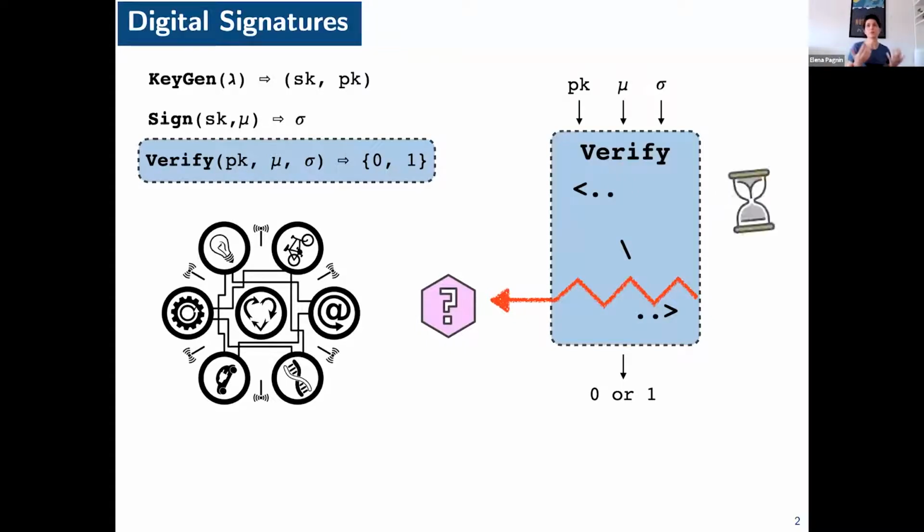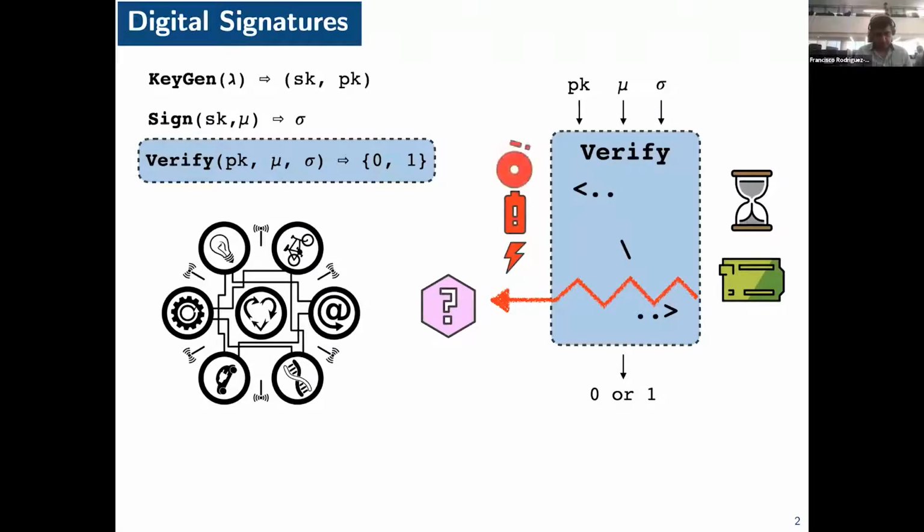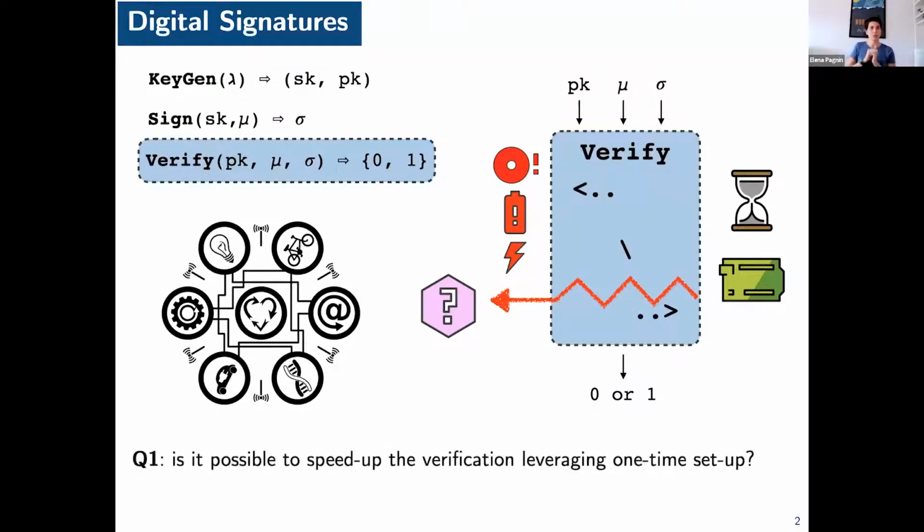This interruption could happen because maybe we don't have enough time, or we are a resource-constrained device, we are running out of battery, we don't have enough space to store things, we have a shortage of whatever resource. So the first question that we will try to address is: assuming I don't have enough time or enough resources, is there a way to speed up my verification process so that the time it takes to complete the verification becomes short and the chance of an interruption, of course, decreases?